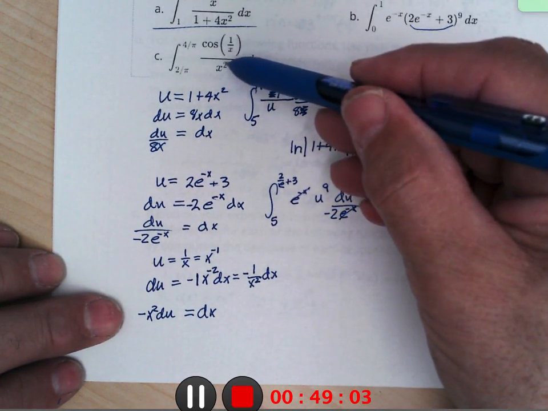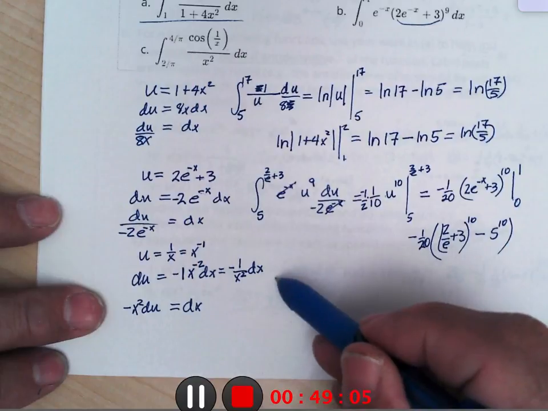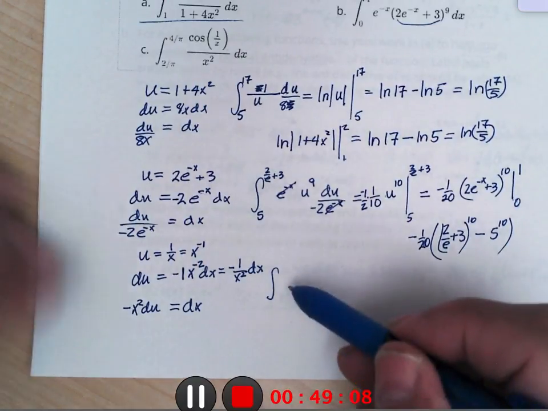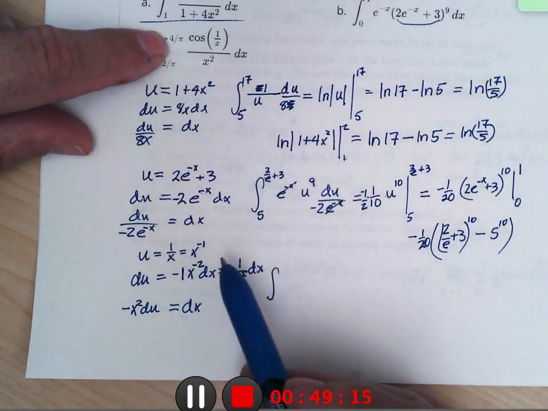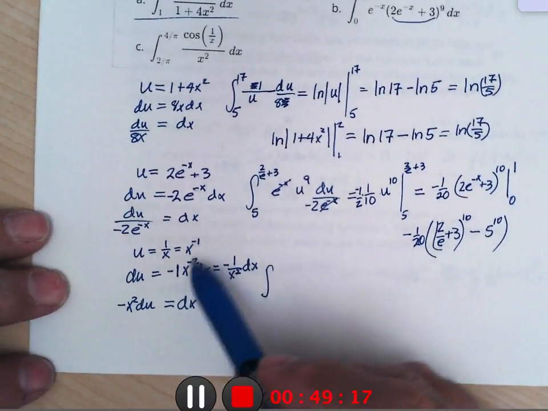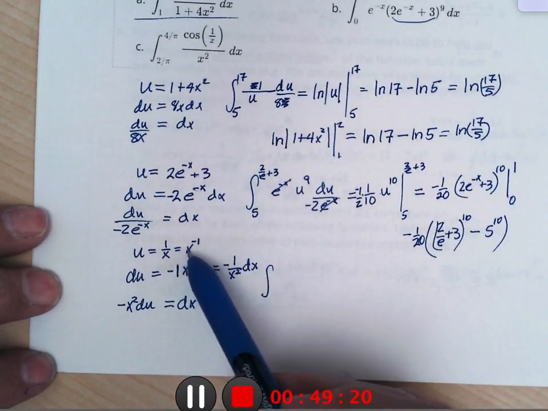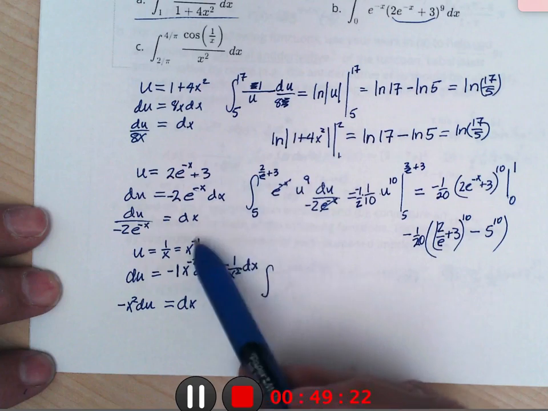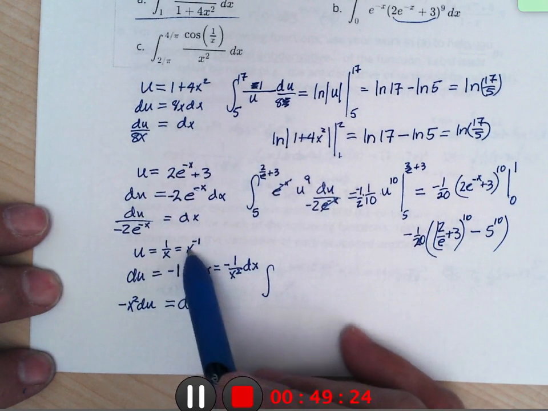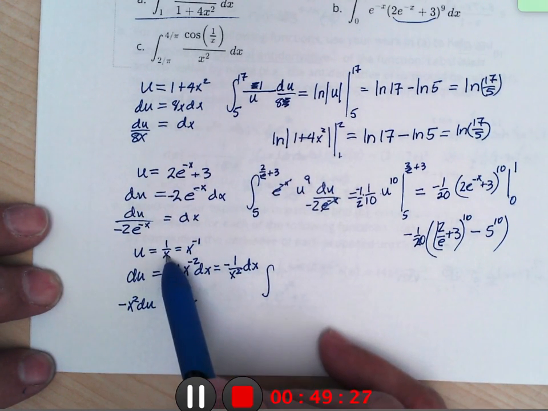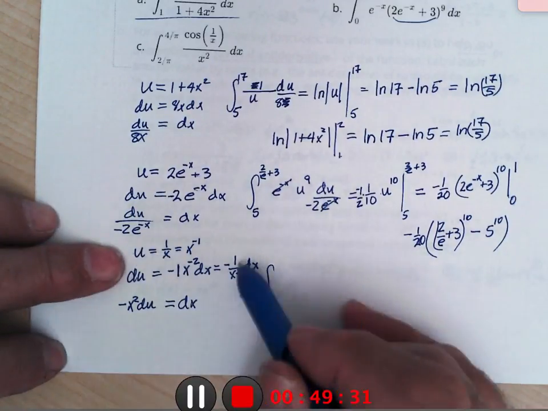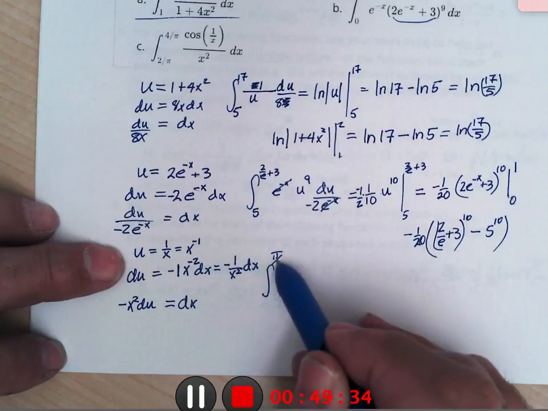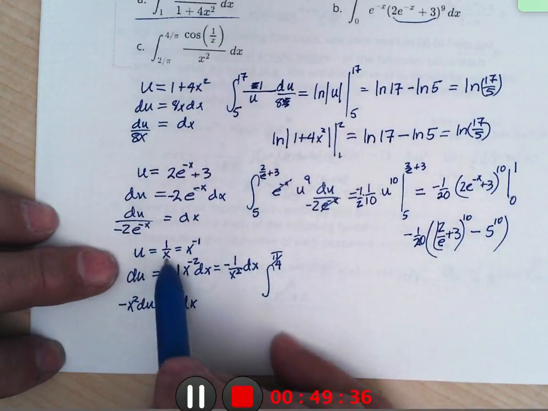So I'm going to have the integral of, let's see, going to u, so pi, 4 over pi, I'm going to figure out what u is. So that's 1 over 4 over pi, which would be pi over 4, because u is just the reciprocal of x.